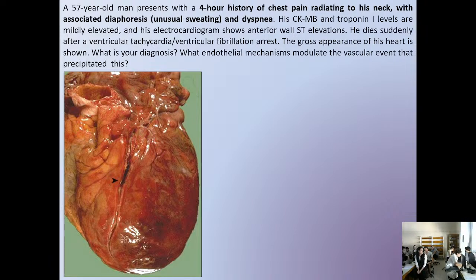So in order to be sure, you look for two sort of enzymes biochemically. Which are they? It's the troponin 1 and the creatine phosphokinase. The latter increases within the first day of the myocardial infarct.